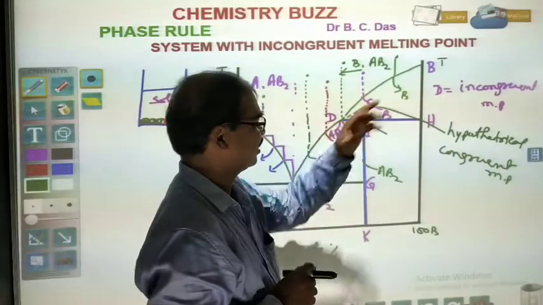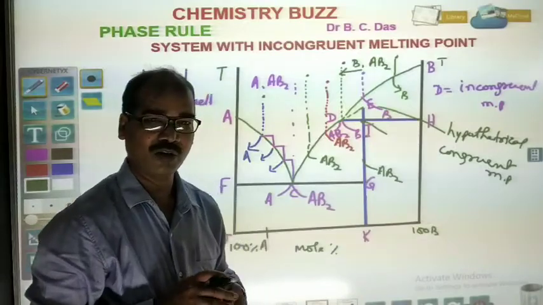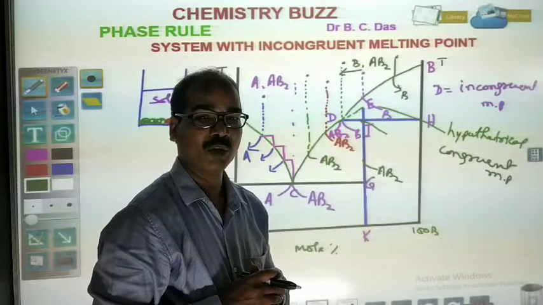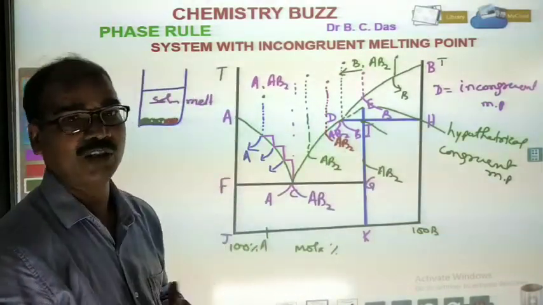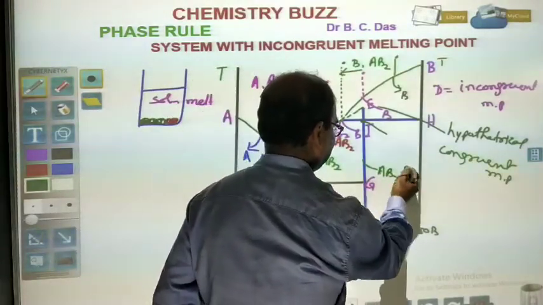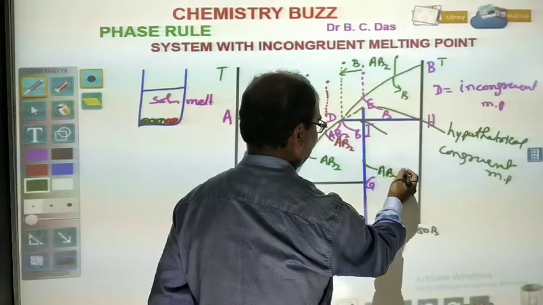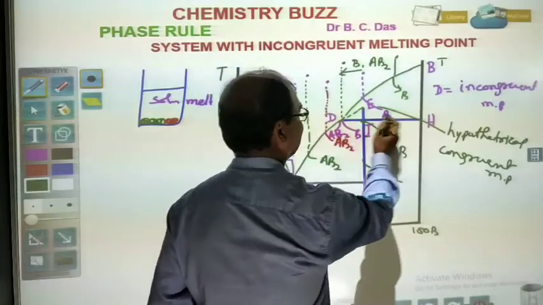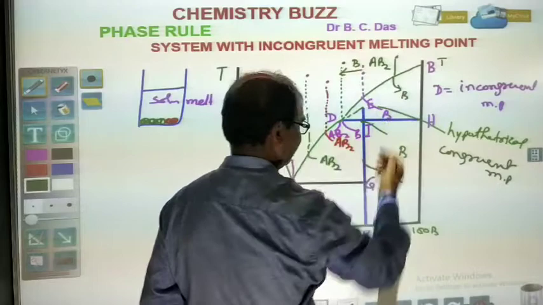This is called an incongruent melting point, peritectic point, or meritectic point, or you can say this is the transition point, where the compound transits to the new compound. In this region, the solid AB2 and B are there. But in this region, there is only B in equilibrium with the solution.